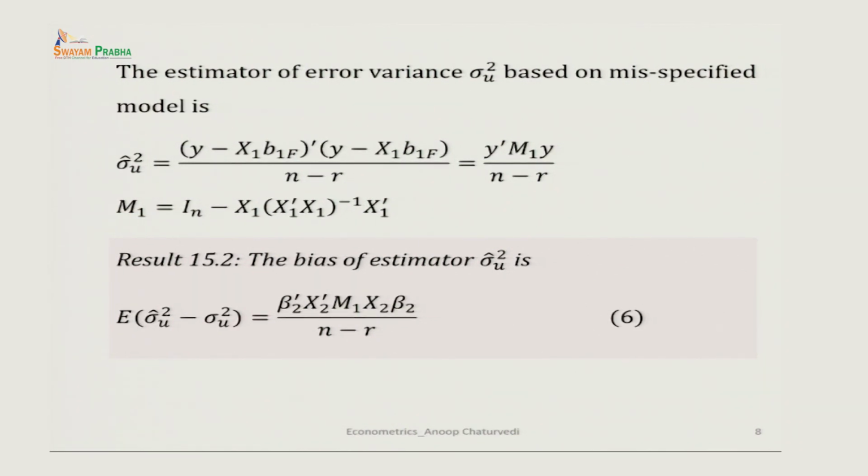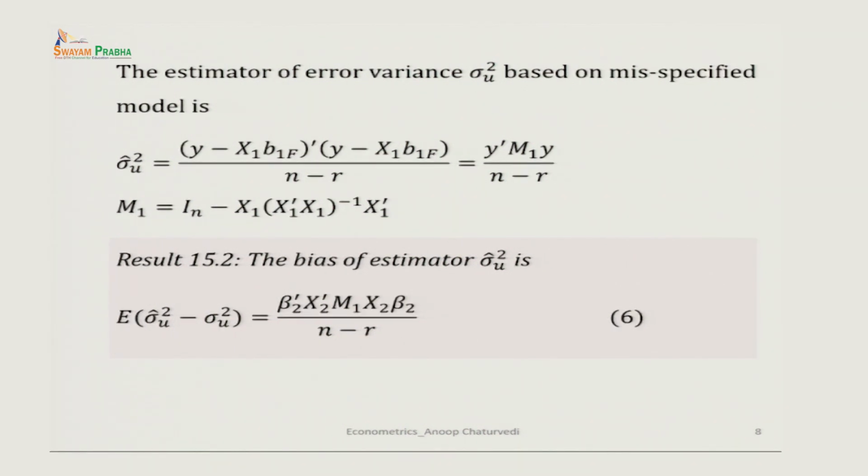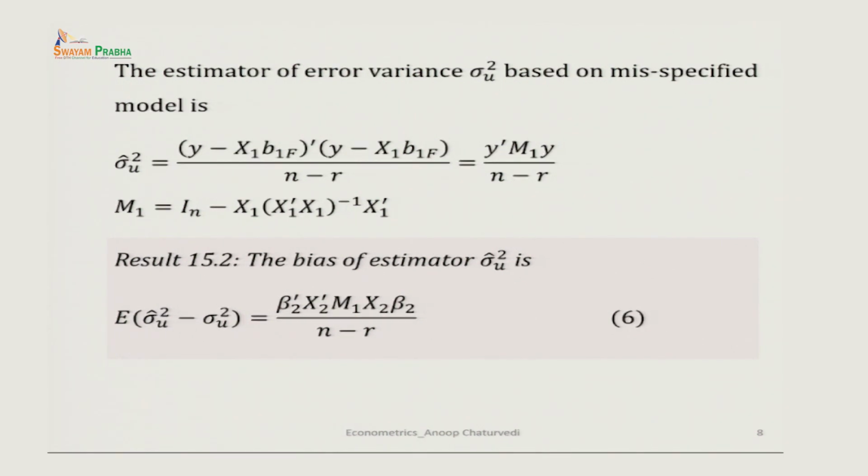Then now we consider the expression for the estimator of the error variance sigma square u, and we are estimating sigma square u based on the misspecified model. Suppose we denote the estimator by sigma hat square u, then sigma hat square u is equal to y minus x 1 B 1 f transpose y minus x 1 B 1 f divided by n minus r.